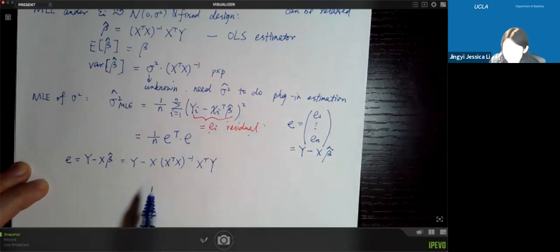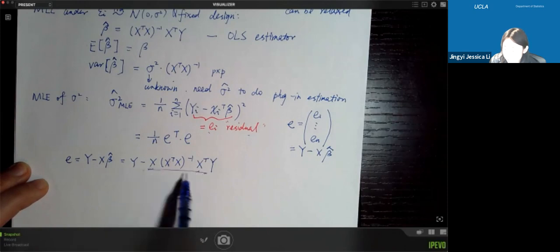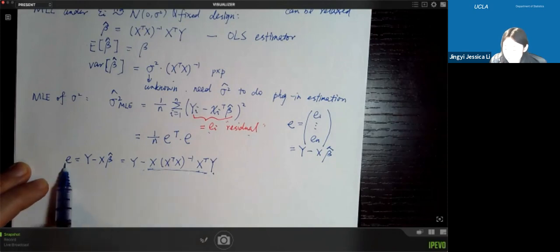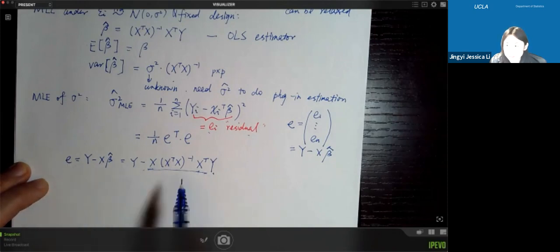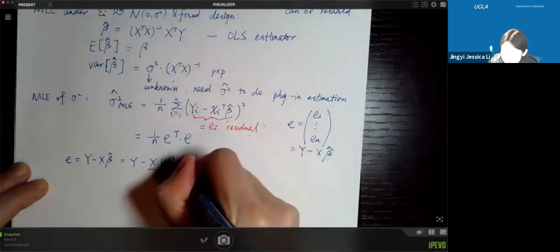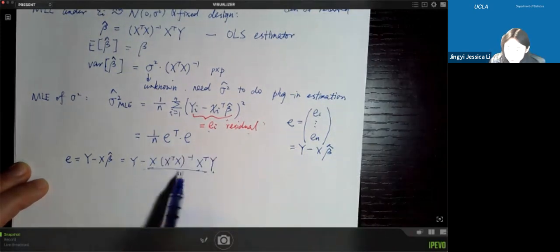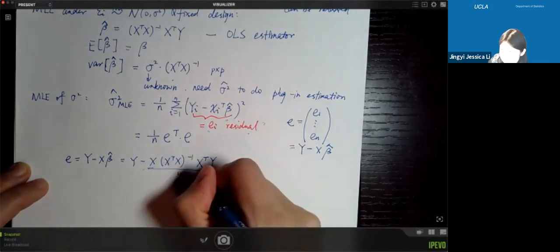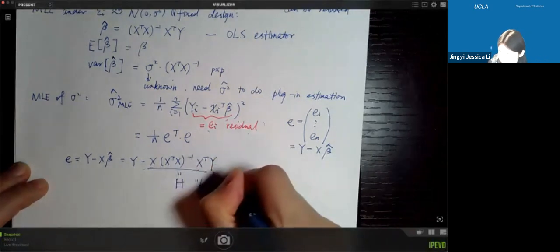Now this becomes the key: it's a linear transformation on y. The first term is about y, the second term is also about y. Basically, e is just a function of y. To simplify that, we give this matrix, which has a quite symmetric form, a name, H, and this is what we call the hat matrix.